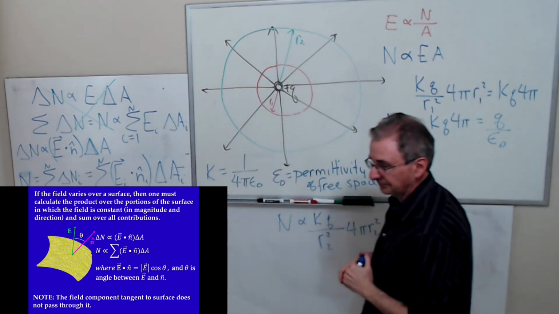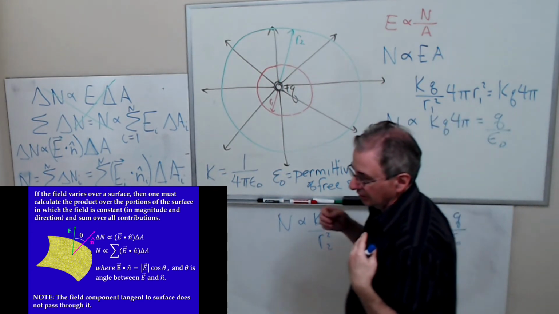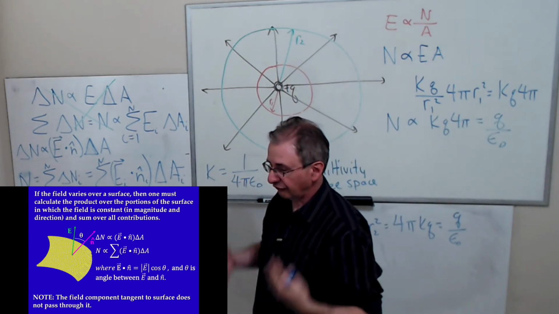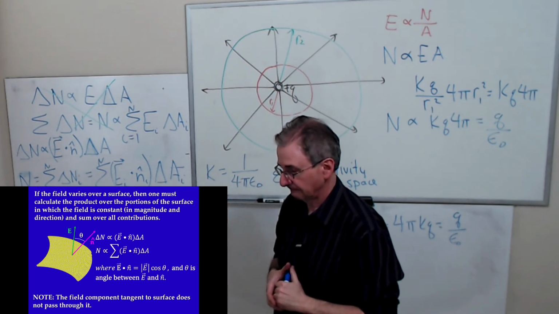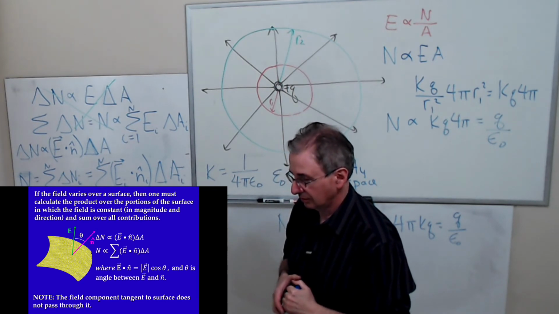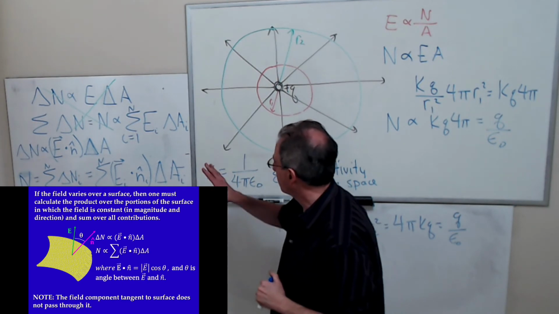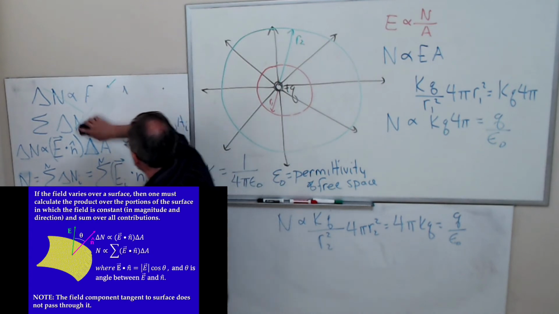Okay? So my next question is this. What if the field varies continuously over the surface? Then what? What happens to all the stuff if the field varies continuously over the surface?